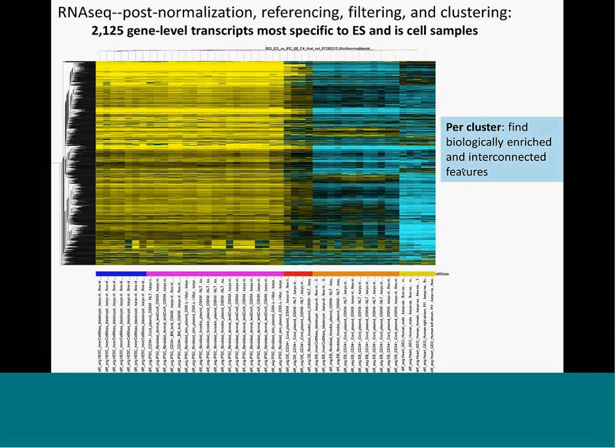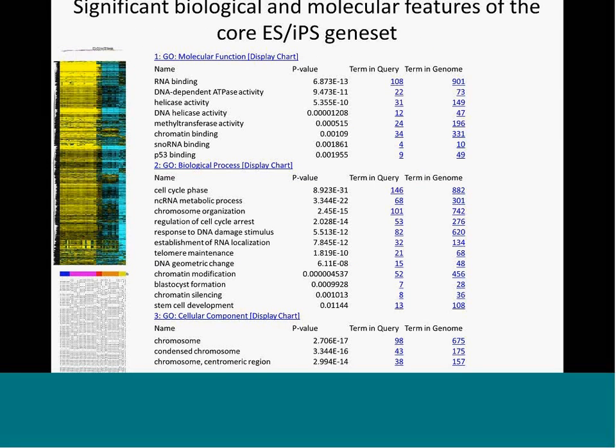It really depends on what you're going to be after. But that's the kind of logic that needs to shape your approach to mining data out of these signatures and trying to understand the biology of the cells and the differentiation processes. So here's that signature, with some information content around those genes which are shown as being most stem cell specific.